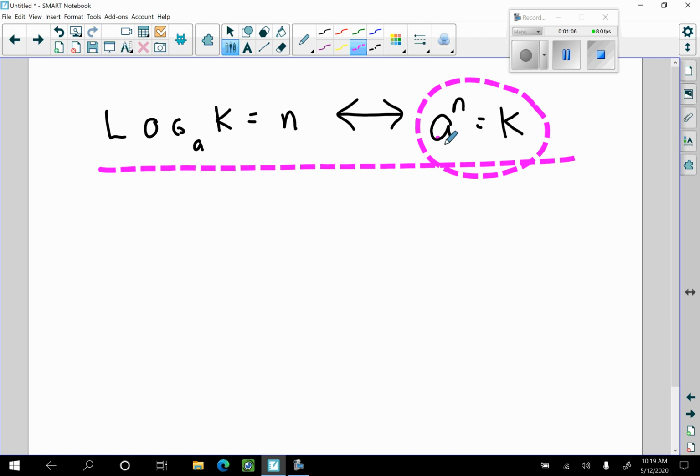I have the base a, and the output of the logarithm is an exponent. A to the exponent is equal to k. That, ladies and gentlemen, is the definition of a logarithm.